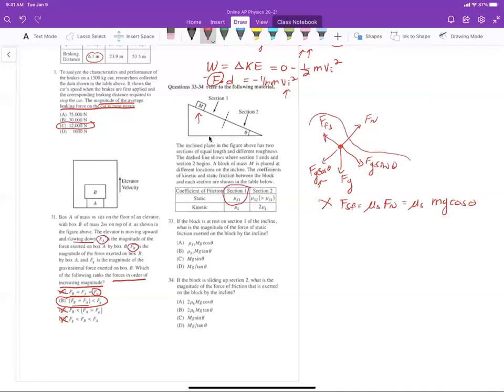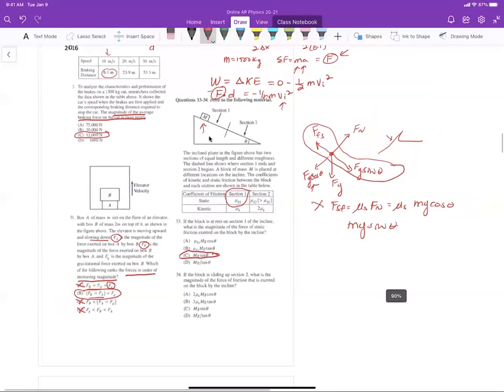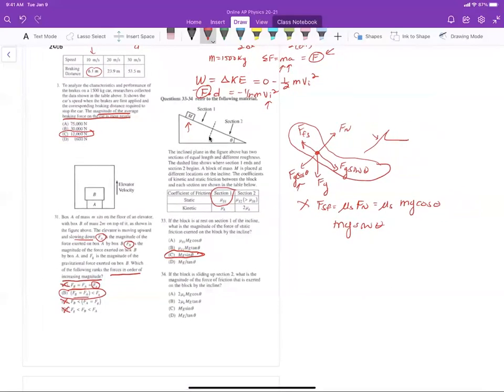So we know for a fact that it has to be equal to FG sine theta. We don't know where it is on this curve unless they told us it was about to slip. This table value is my maximum. So it is equal to mg sine theta, and that would be C. And notice A is the one that most people, if they're not understanding force of static friction, would get.